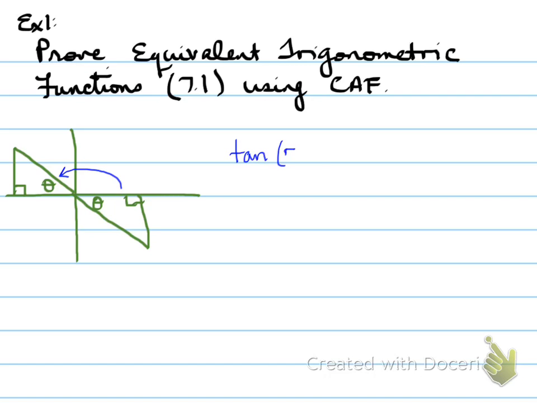Here we go. Tan of pi minus theta. So pi minus theta would be this angle right here. Pi minus theta, in terms of standard position, would be this value right here. So pi minus theta would equal this terminal arm right here.